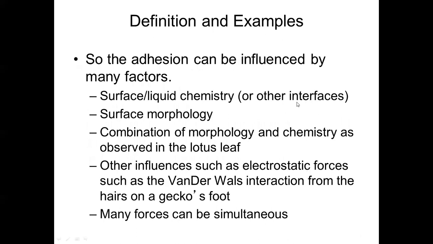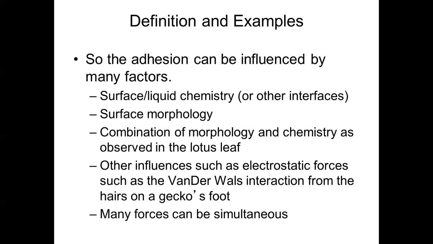So let's go ahead and continue our discussion on definitions and examples. So we can define adhesion. It can be influenced by many factors, not just the simple factors, but a multitude of factors. It could be the surface liquid chemistry or other phases. It certainly could be the surface morphology. It could be a combination of the morphology and the chemistry, and we can look at this as an example in the lotus leaf.